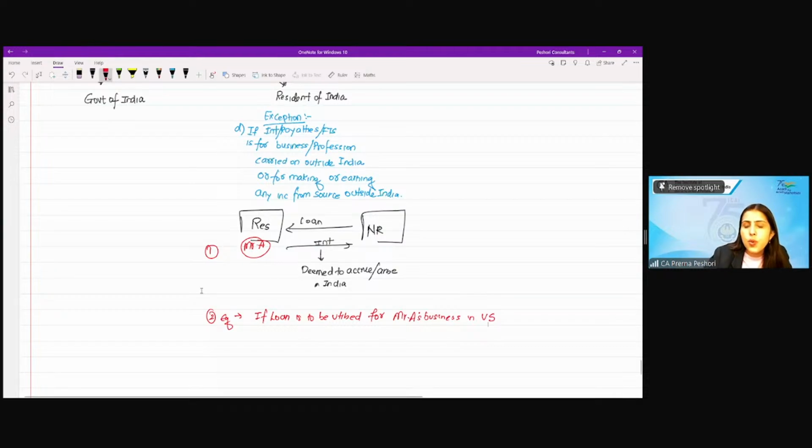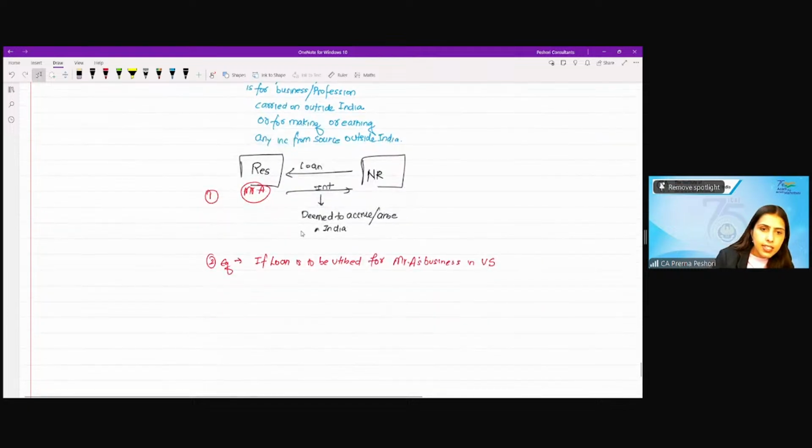Whether this interest will be deemed to accrue or arise in India, students? No, ma'am. No, because this will fall under the exception.